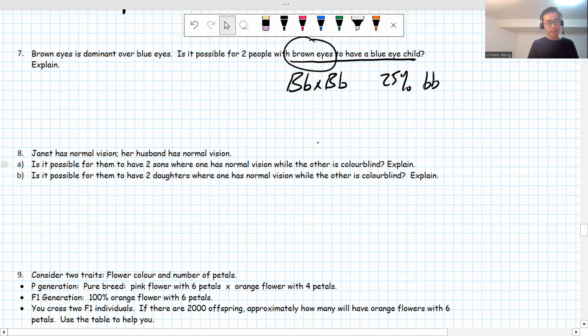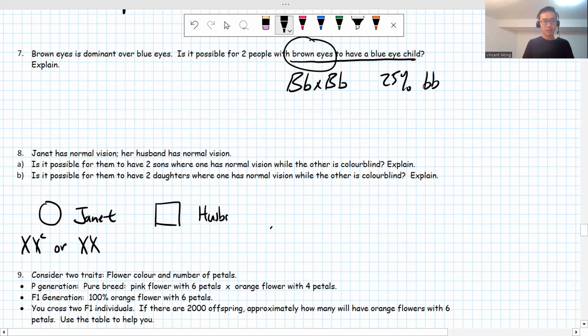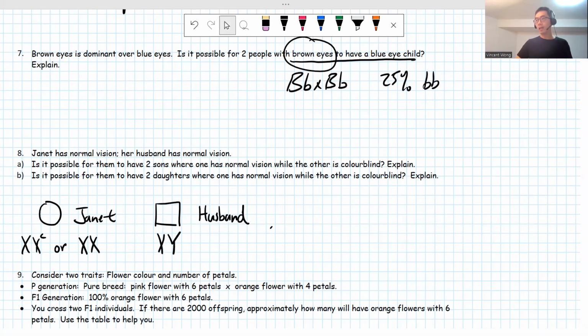So Janet has normal vision. We don't know if she's X^C X^c or X^C X^C. We really have no idea. And then for the husband, who has no name, he has normal vision, so he must be X^C Y. There is simply no other way.